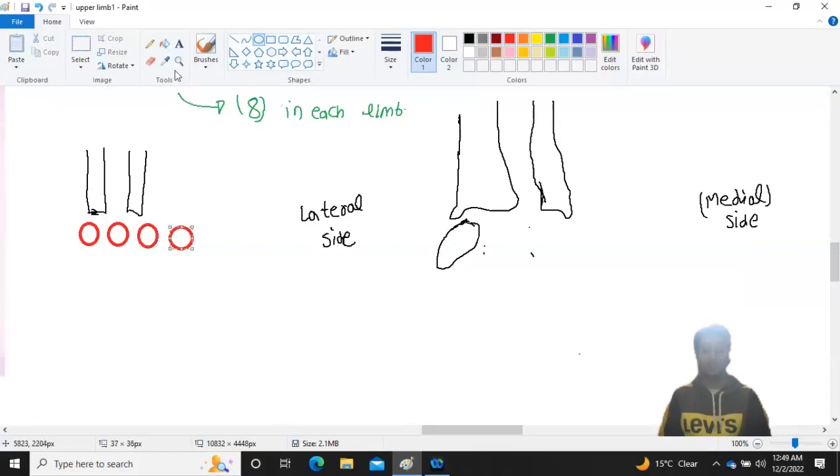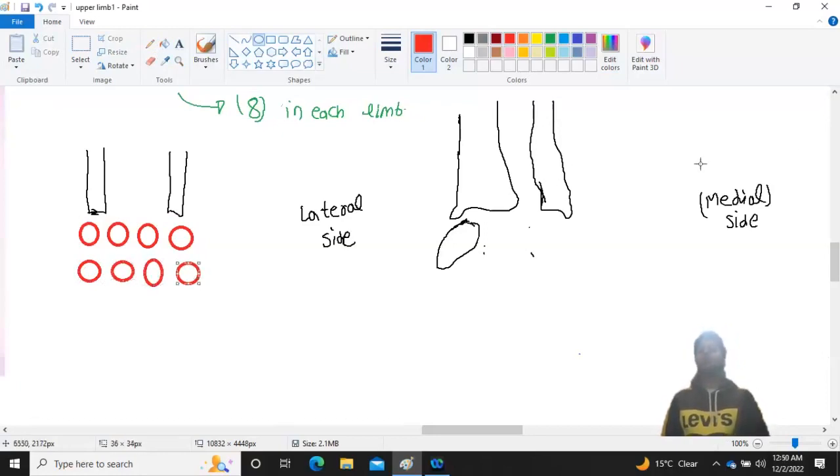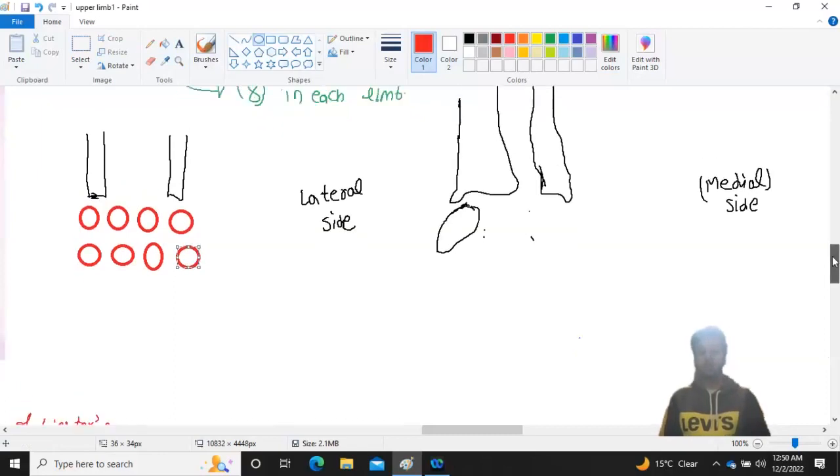These are 4 bones. Just we are drawing diagram. And 1, 2, 3 and 4. These are 4 bones of our wrist.